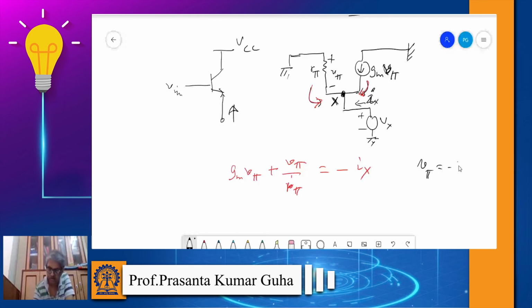This is grounded and also this is grounded, so these two are like parallelly connected, so V pi is effectively minus Vx. If you use that, you will end up with Vx over Ix equal to 1 over Gm plus 1 over R pi.